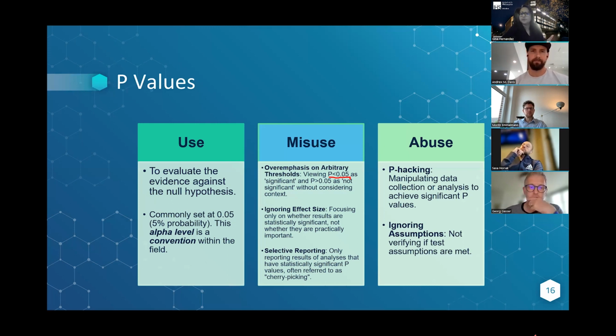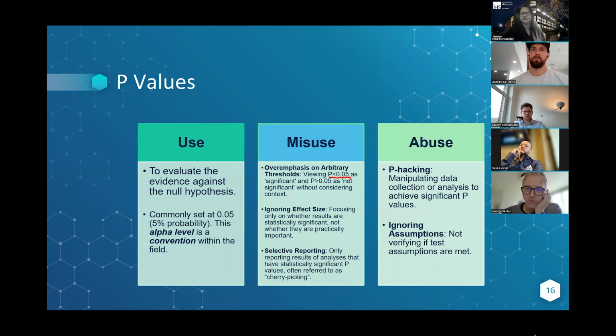So also very important for you to know, this p-value threshold, also known as alpha level, is a convention and it is different in each field. For example, in medicine, the threshold is 0.01. And in psychology, the threshold usually is 0.05. 0.05 means that we have a 5% possibility that the effect that we are seeing in our sample is only due to chance.